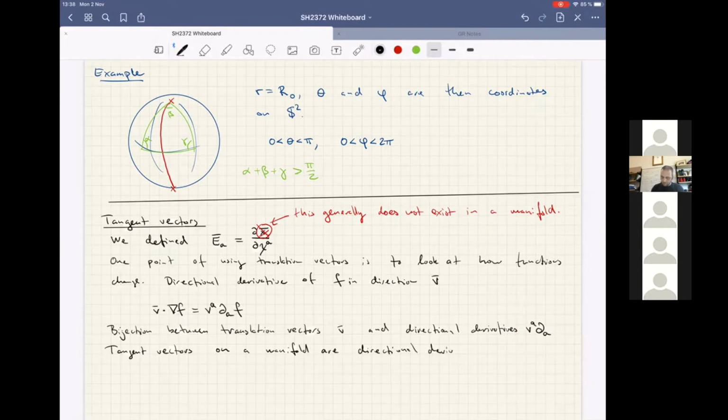And of course, then we have a basis for these directional derivatives, which are the partial derivatives with respect to the coordinates.